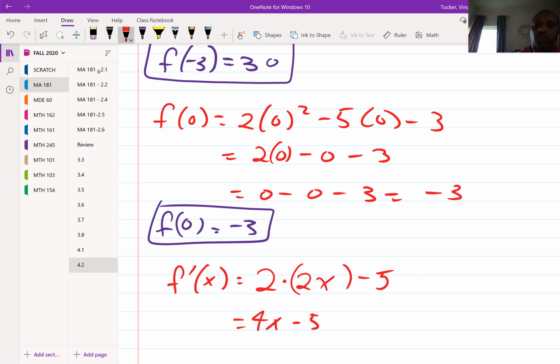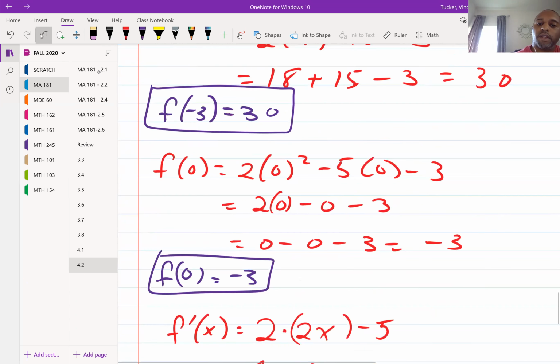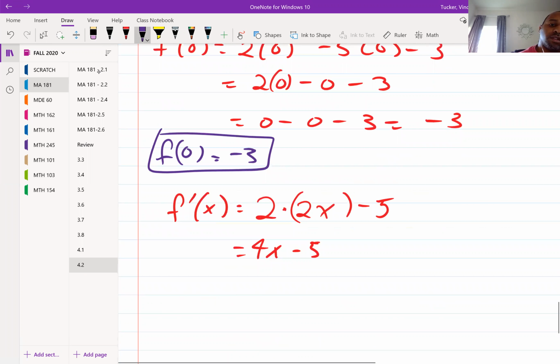All right, so find the derivative of f, talking about f prime. So you bring down 2, that'll be 2 times 2, which is 4x, and then minus 5. So just getting all of our pieces together.